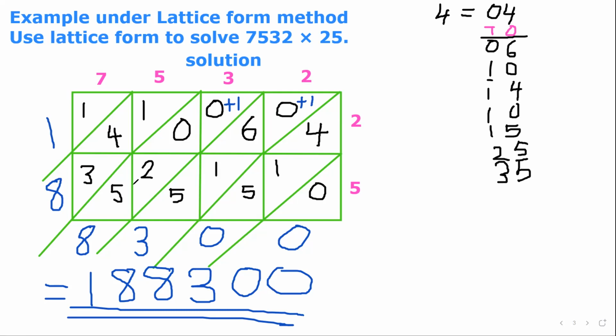And after multiplying these numbers, then you add the diagonals. Okay, good. And then finally you read your answer from the left side, the 188,300. Okay, good.